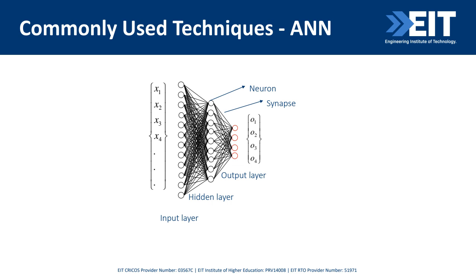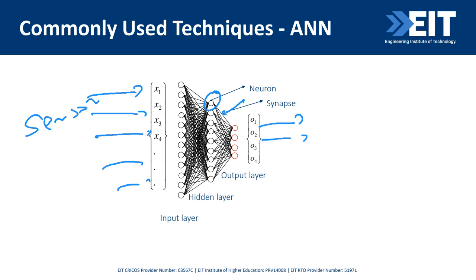And these neurons are connected together via synapses. But it's all modeled. And you have inputs that will be introduced, sensor inputs, and there are outputs that will be produced. The outputs could be used for classification or a probability.